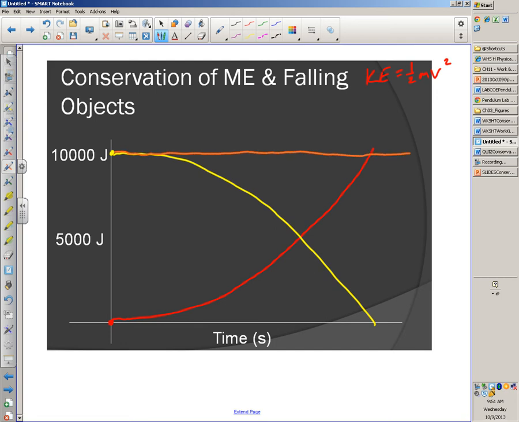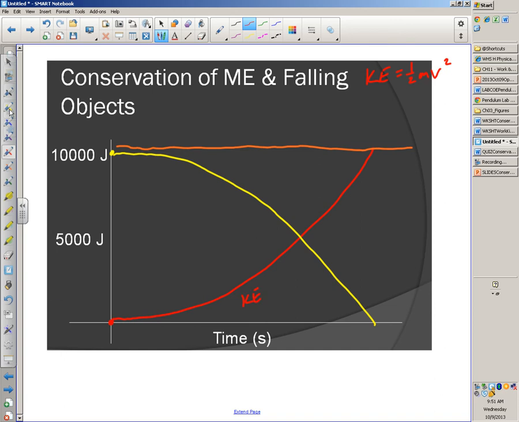That's supposed to be straight. It's a horizontal line that goes right along here at 10,000, right? What is that horizontal line at 10,000 representing? It's representing mechanical energy, right? So the red line is representing our kinetic energy.